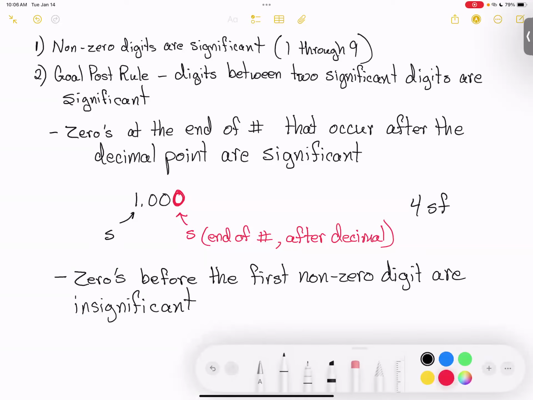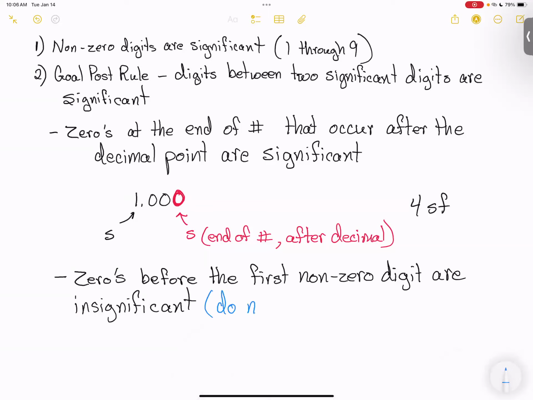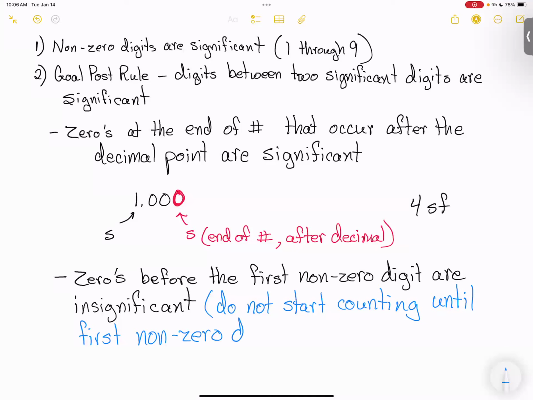Folks, another way to think about this one is do not start counting until the first non-zero digit. That's another way you can think about that particular one.